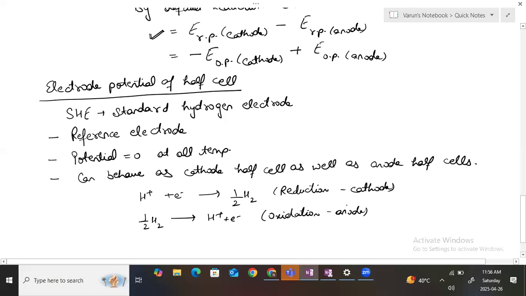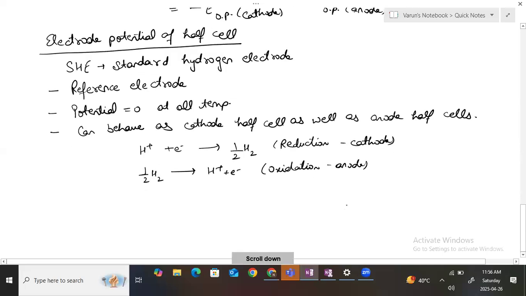Got it? I have told you that the potential is zero at all temperatures. It means if I say that the E naught for H positive half H2, the reduction potential, is zero.